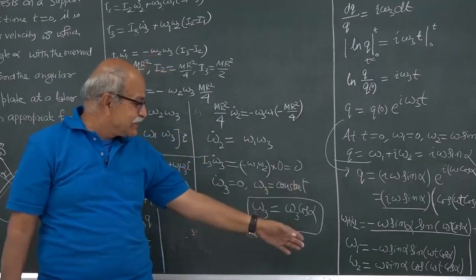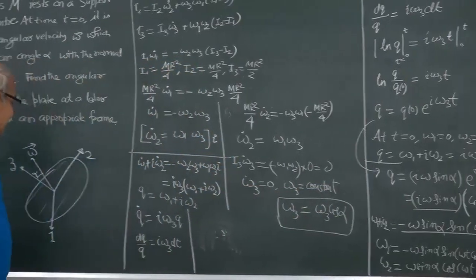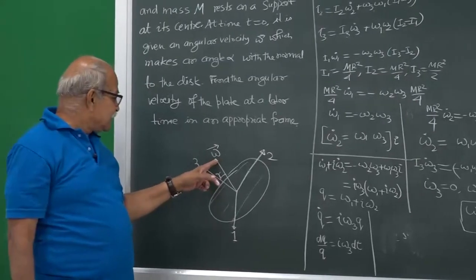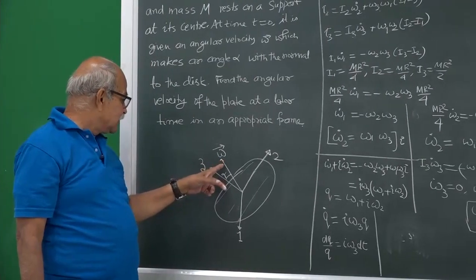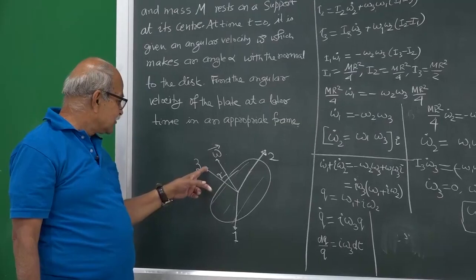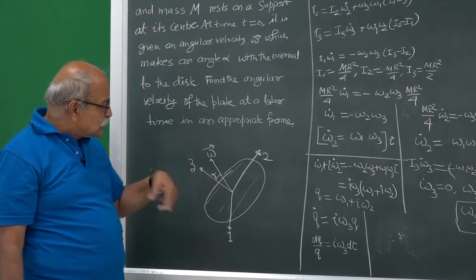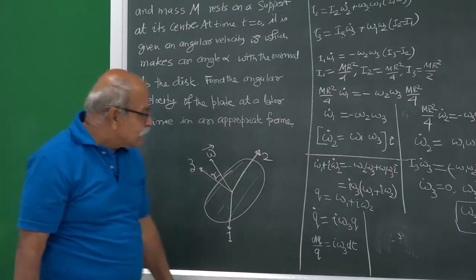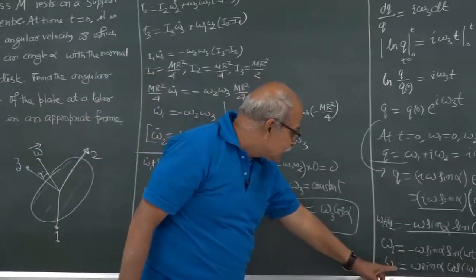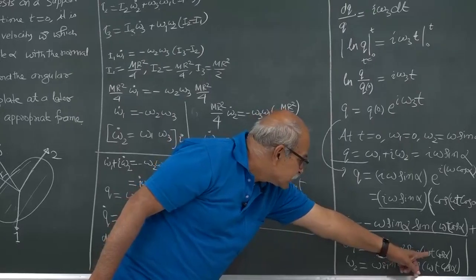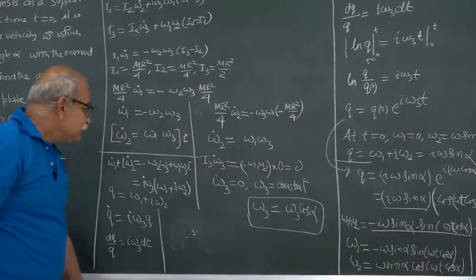Because this tells me that this omega 3 is constant. So, the component of omega about the 3 axis is constant, that is fine, and omega 1 and omega 2 are rotating with this angular frequency omega cos alpha.